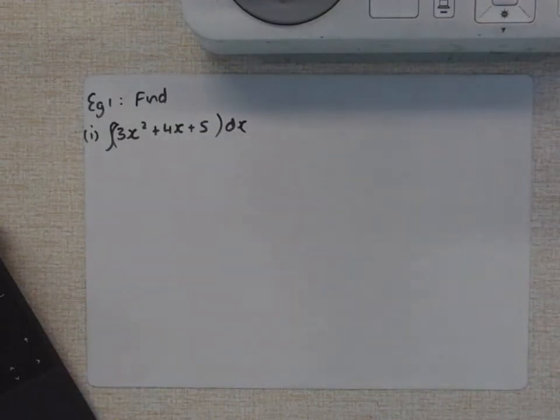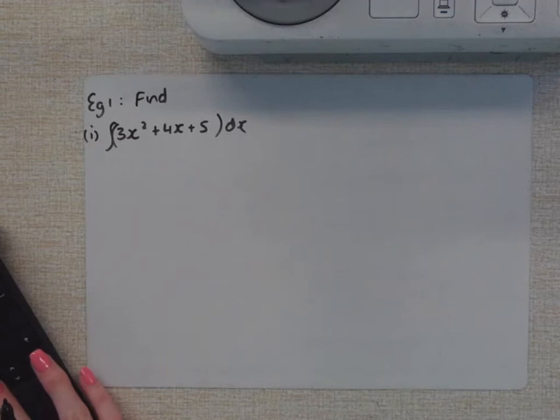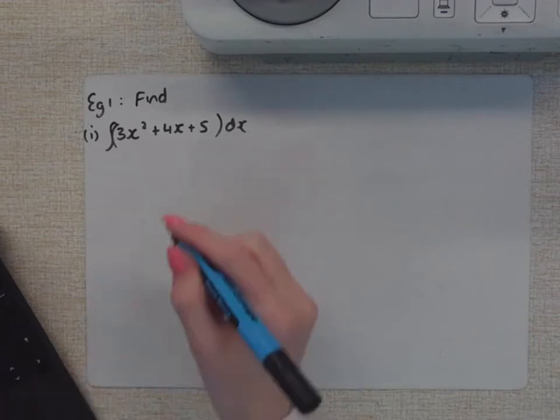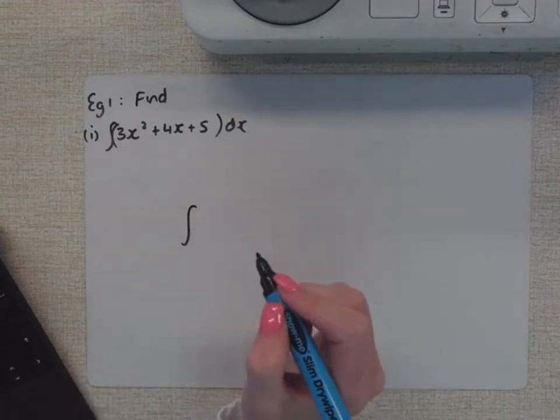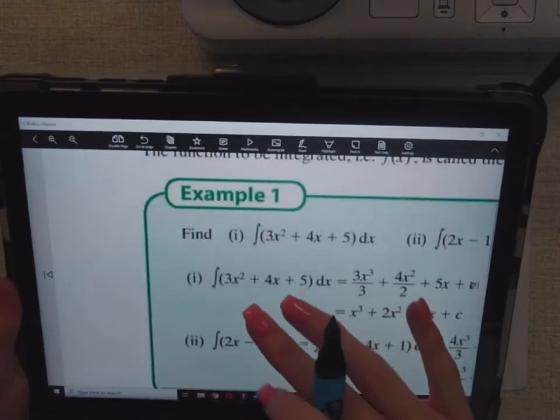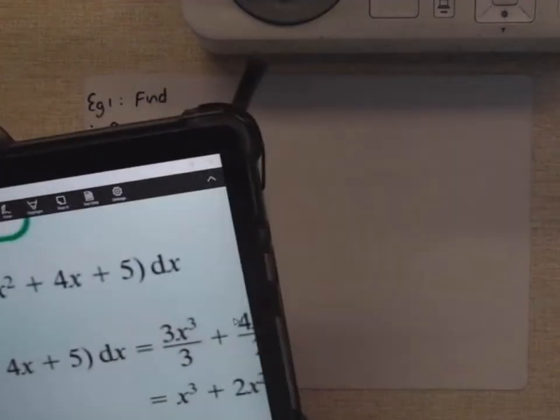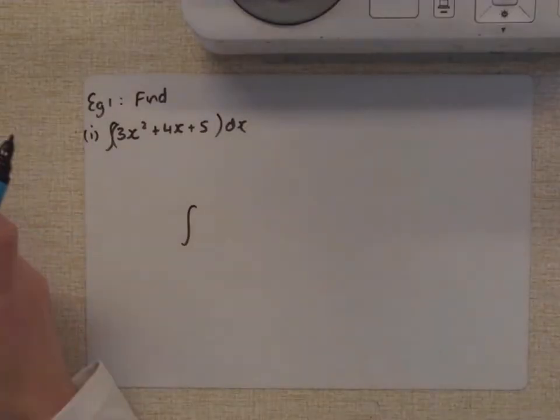Okay, find the integral of this. Does that sound like an F just without the middle term? I'll show it to you in here. Okay, so that's what you're looking at, okay?